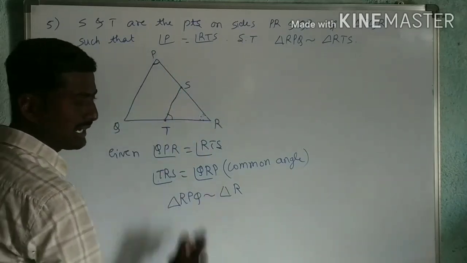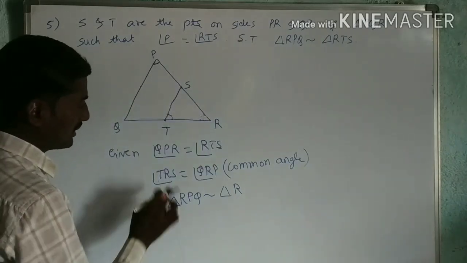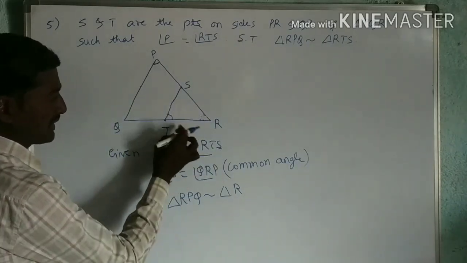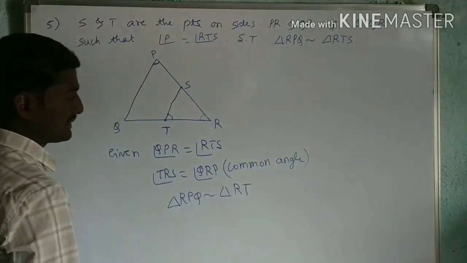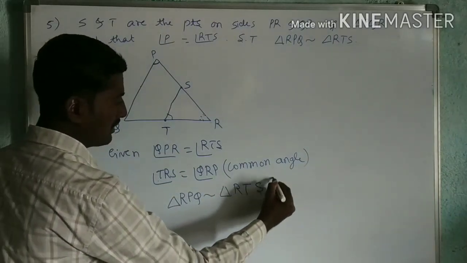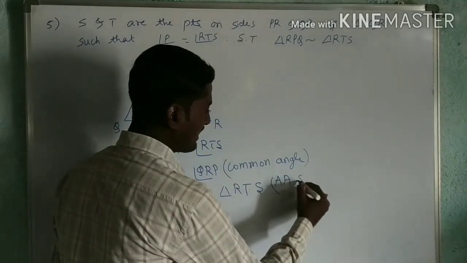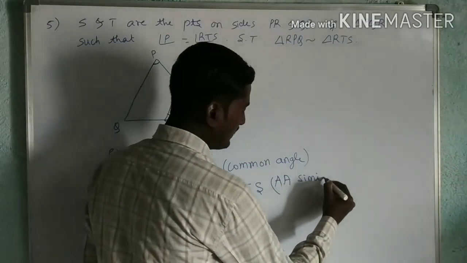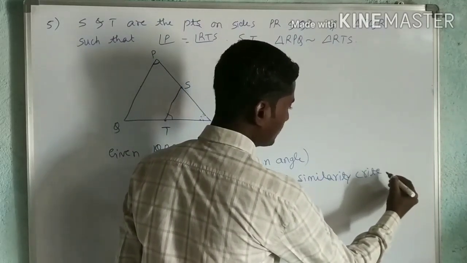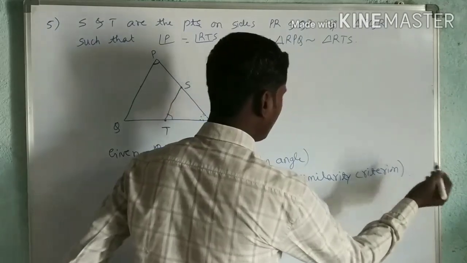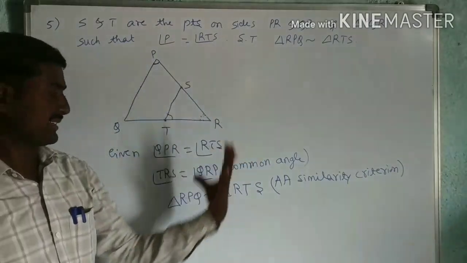For angle P, T is equal, so I must write RT, and the remaining is S. I have to write the condition again: AA similarity criterion. By using any similarity criterion, I have to prove that triangles are similar.